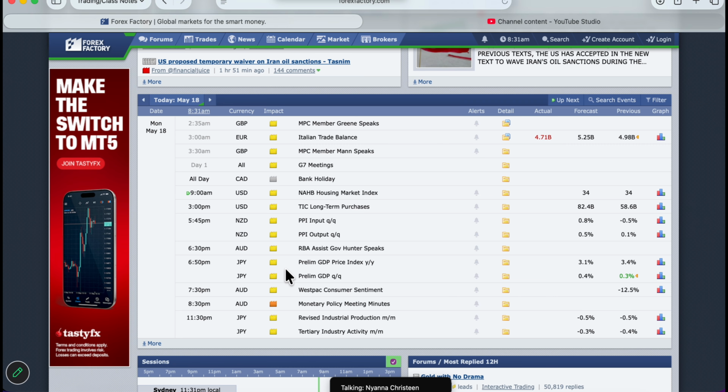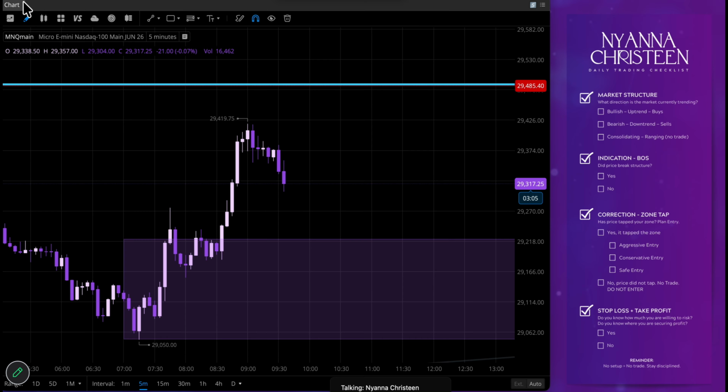But if you see a red folder, it's something important, like FOMC or President Trump speaking or something of that sort. People still trade red folder news, but the market does move a little more funky, especially when Trump speaks. So it's just something to look out for.